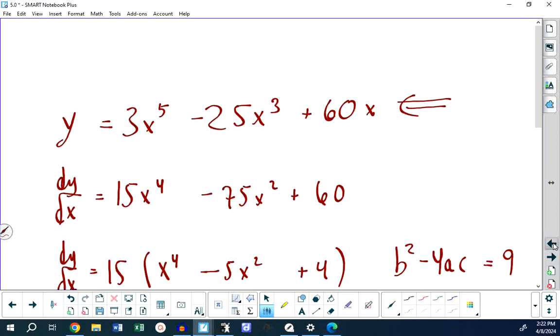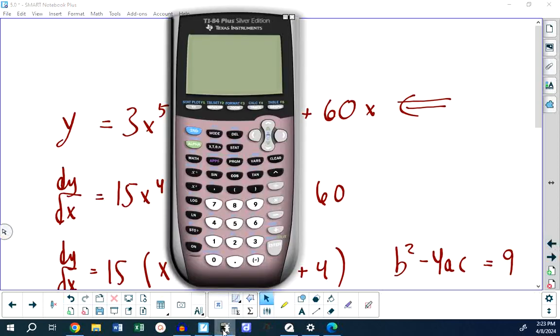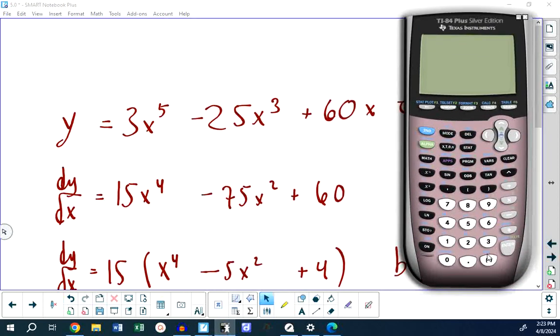I want to say 38, but no. I want you to be very careful with what I'm doing here. There's a fail-safe way, or near fail-safe way, of me determining the y coordinates, and it's to use my calculator, but I do not want to cheat and look at the graph, okay?